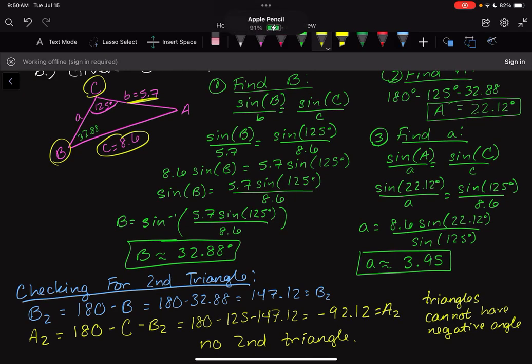You might have been able to figure that out by just seeing B2, because if you look at B2 and C, they're both obtuse angles, and a triangle cannot have two obtuse angles because then you're going to get bigger than 180, so it doesn't make any sense. You might have noticed it at B2, but if not, you can always go to the step of A2, and if you get a negative A2, then there is no second triangle. If we had gotten a positive one, then there would be a second triangle.